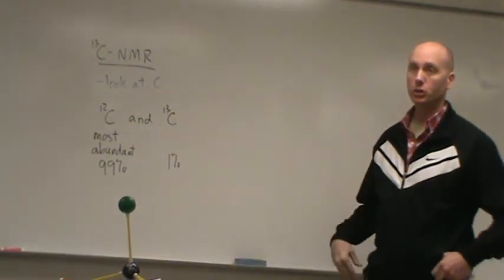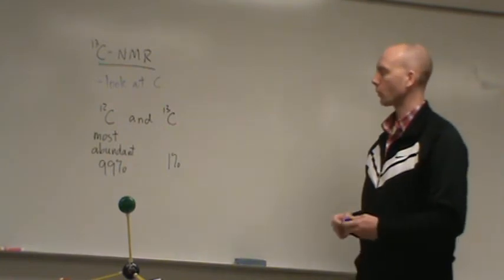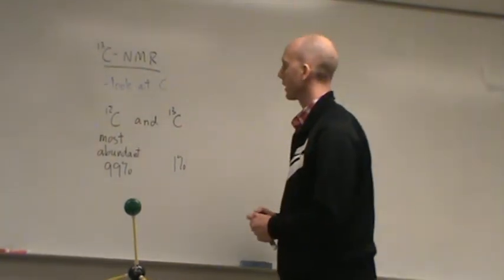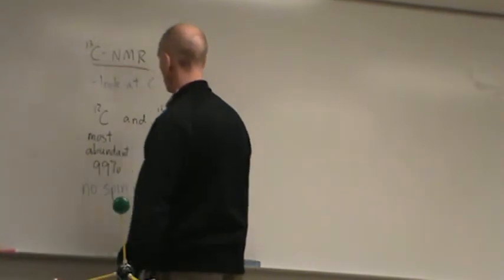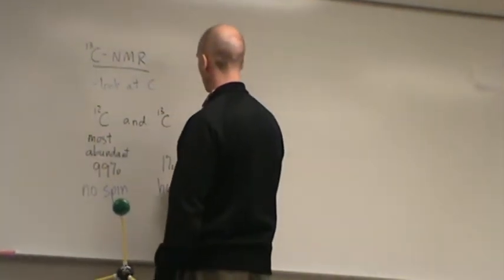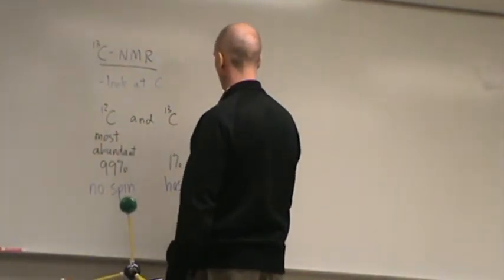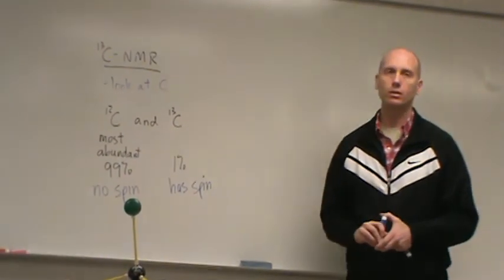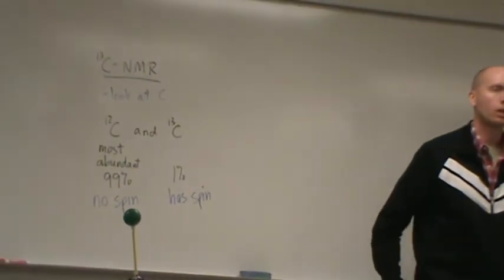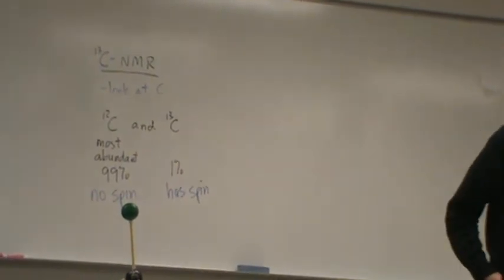All right, so that's one difference between the two isotopes. Another difference, which is probably the more critical difference, is that carbon 12 has no spin, but carbon 13 does have spin. So what do you think the significance of that is?